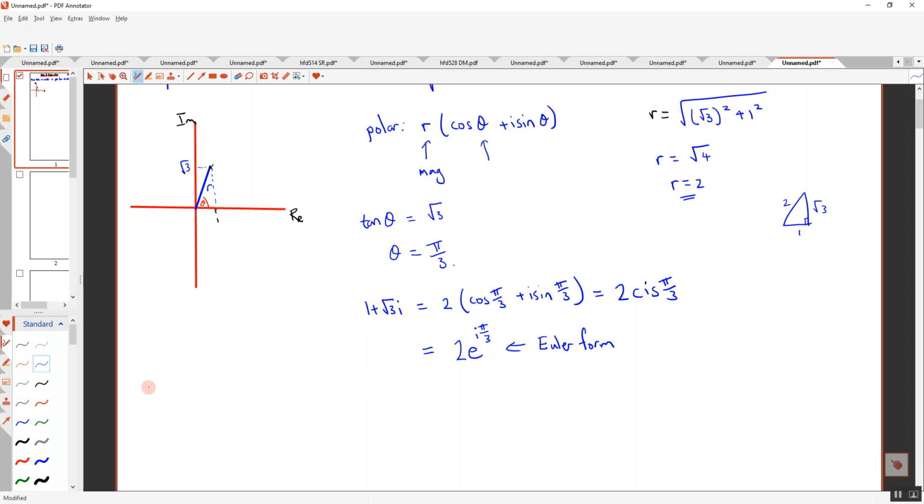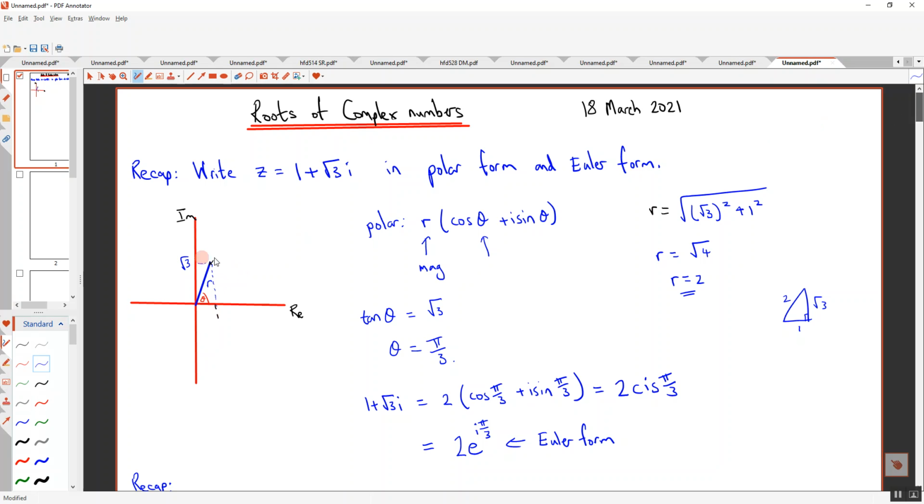We said if we've got 2 complex numbers, and just to go back to this actually before we go on, you always have to sketch this out, right? Because if it lies over here, you still need the angle between the x-axis and this one, okay?